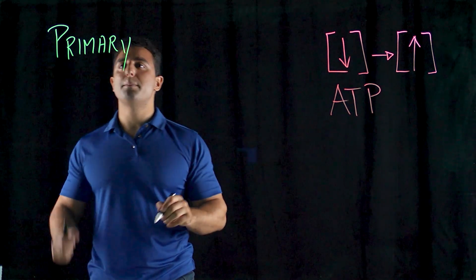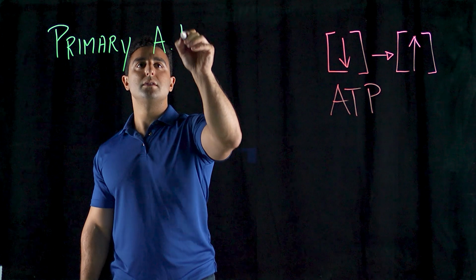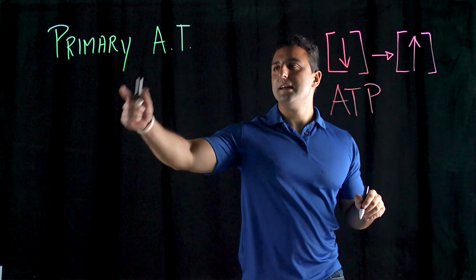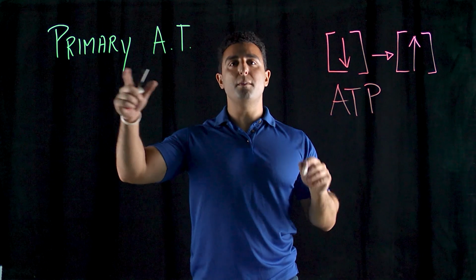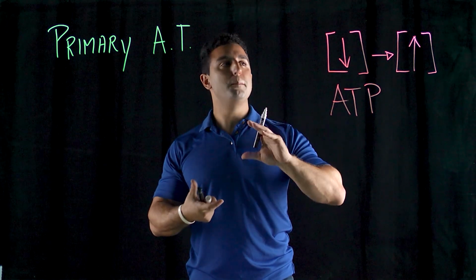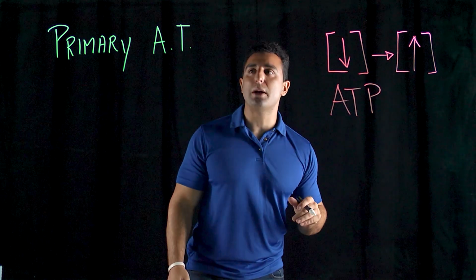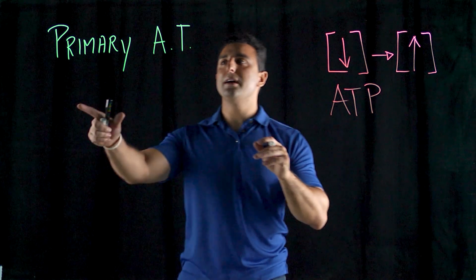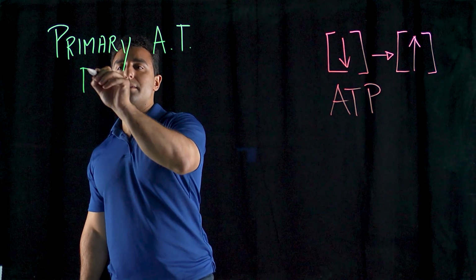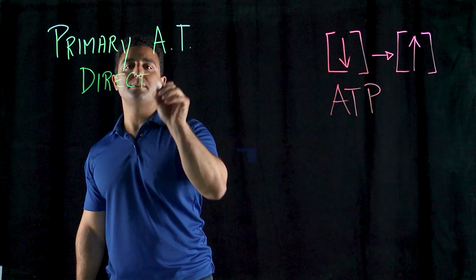What's really important about primary active transport is that it is a pump that requires ATP to push everything against the gradient, right? This primary active transport uses ATP directly. So ATP is used directly in these specific pumps.